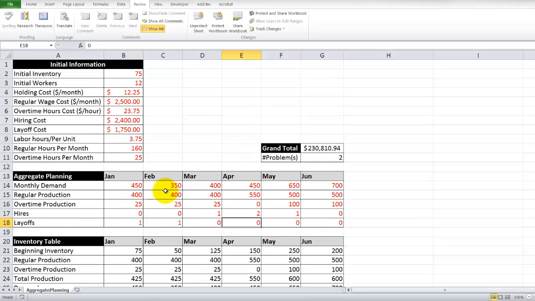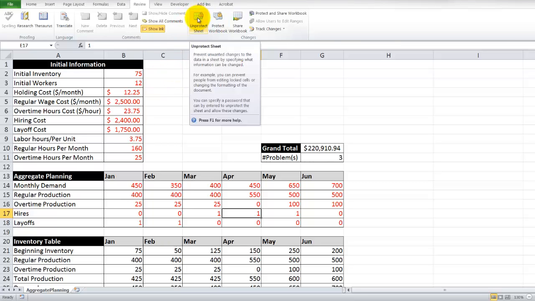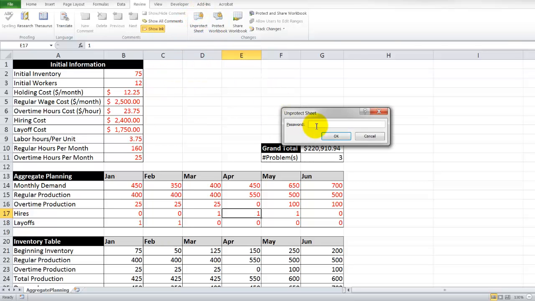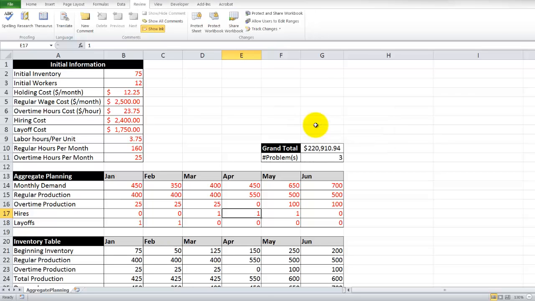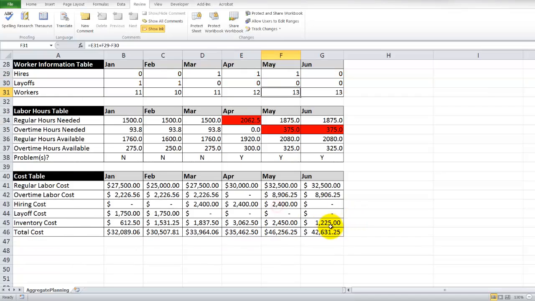But it's because I'm allowing users to select and modify these cells and nothing but these cells. And that's how you do it with the unprotect. If you did want to unprotect, you can simply hit this, type in the password, and go ahead and modify anything, which I could go down here and just write, maybe I'm just working on the spreadsheet and I hit some gibberish.